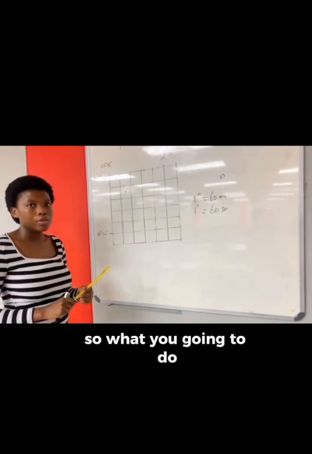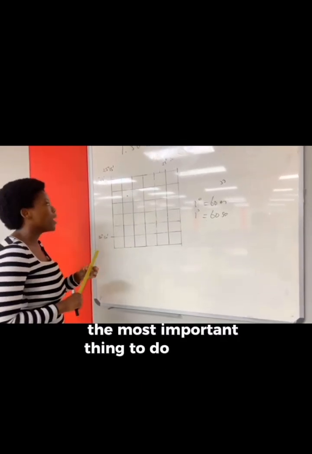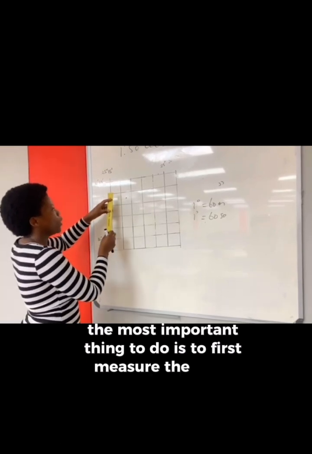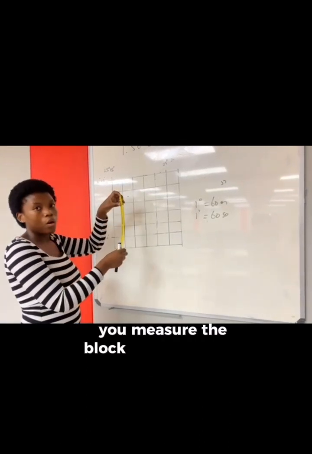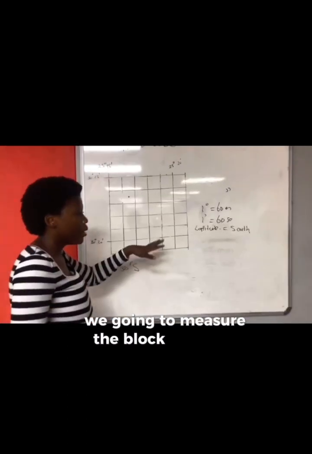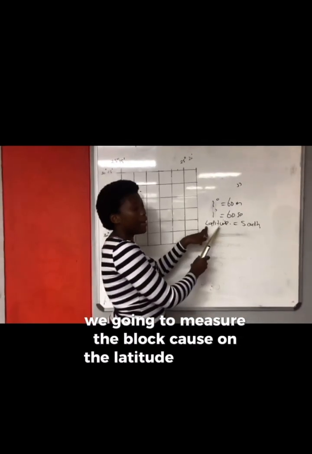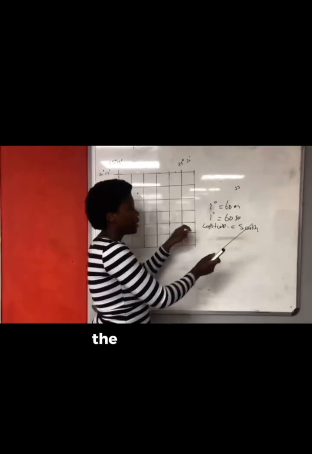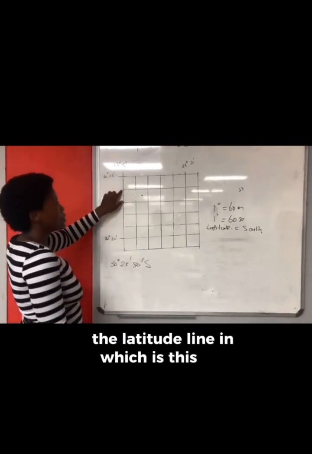The most important thing to do is to first measure the block. I'm going to use millimeters. We're going to measure the block, focusing on the latitude, which is the south. The latitude line, which is this line.